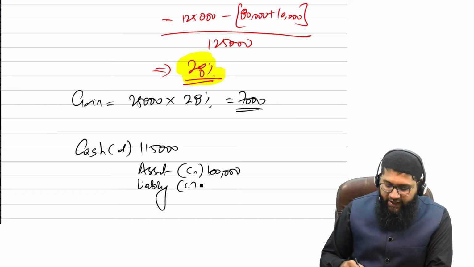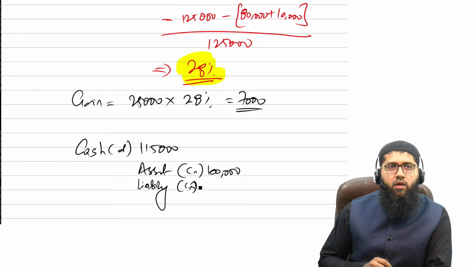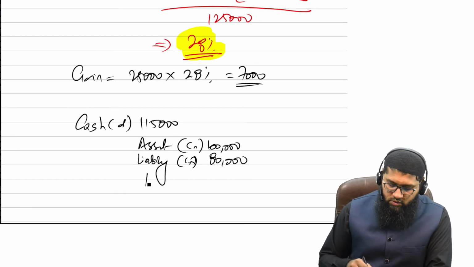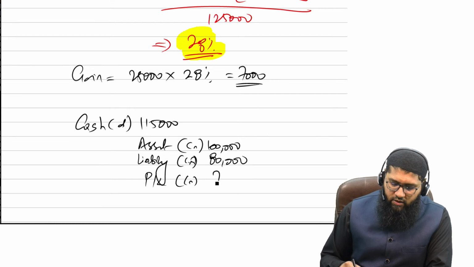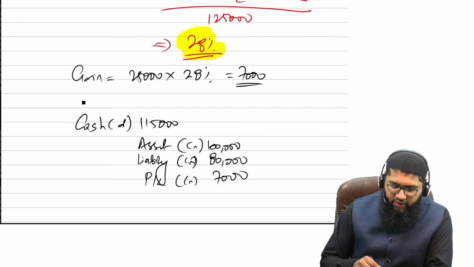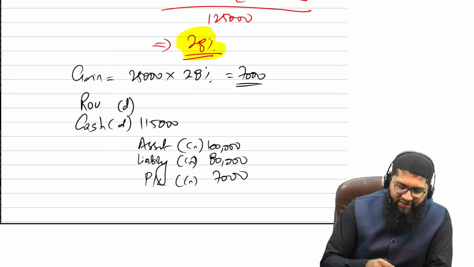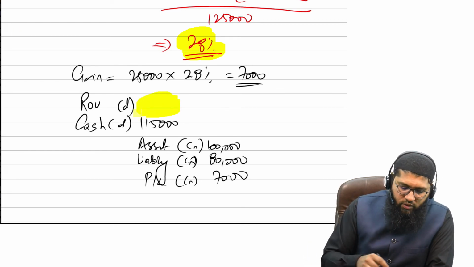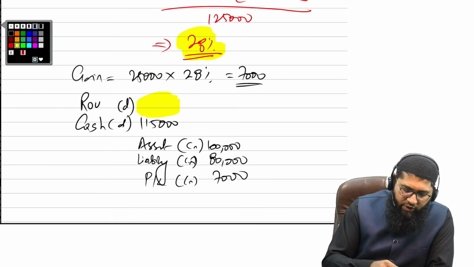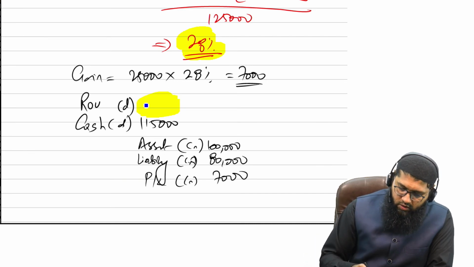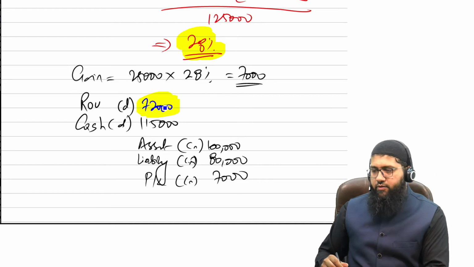The lease liability is going to be credited by 80,000. The P&L is going to be credited by 7,000. And the right of use of the asset is again going to be the balancing figure. How much is this balancing figure going to be? Let's see. It's going to be 72,000. Do you get it now?